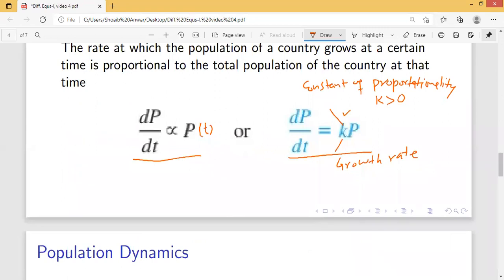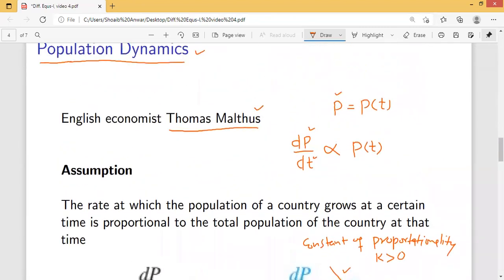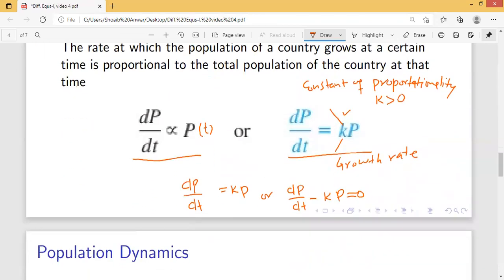So that is the differential equation: dP by dt is equal to kP, or dP by dt minus kP is equal to 0. It's a homogeneous first order differential equation that represents the population growth model given by Thomas Malthus. It's a first order homogeneous and linear differential equation.